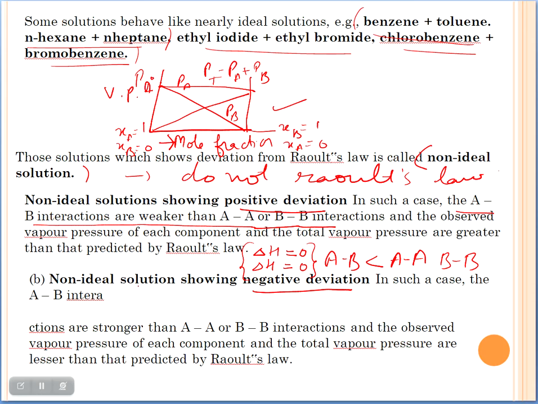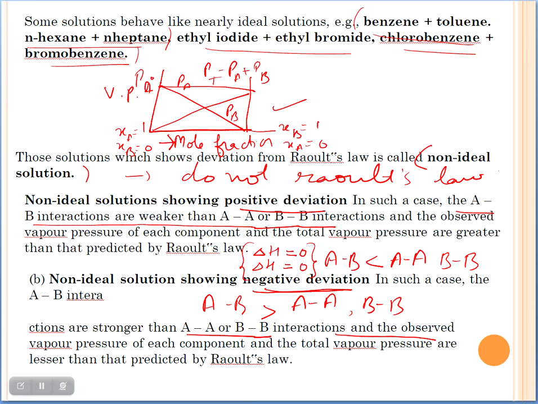Now in non-ideal solution with negative deviation, the total vapor pressure is lesser than that predicted by Raoult's law. AB interaction is stronger than AA and BB. This is the non-ideal solution showing negative deviation.